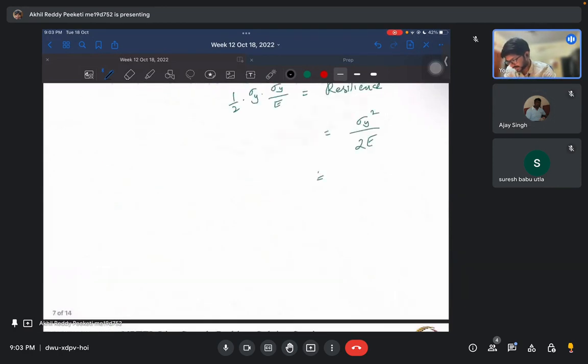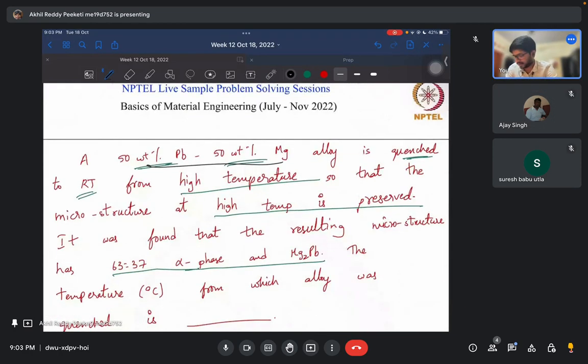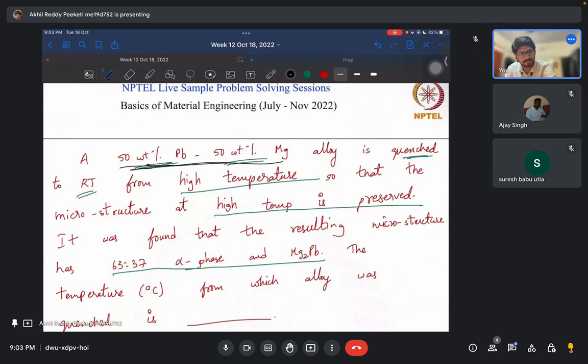We are actually given C. C is given as 50-50 already. Or I didn't exactly understand your question. We are already given the PB is to Mg concentration, and we were given the alpha is to Mg to PB ratio, mass fraction ratio, and then we are supposed to find out the temperature at which you can get this certain ratio.